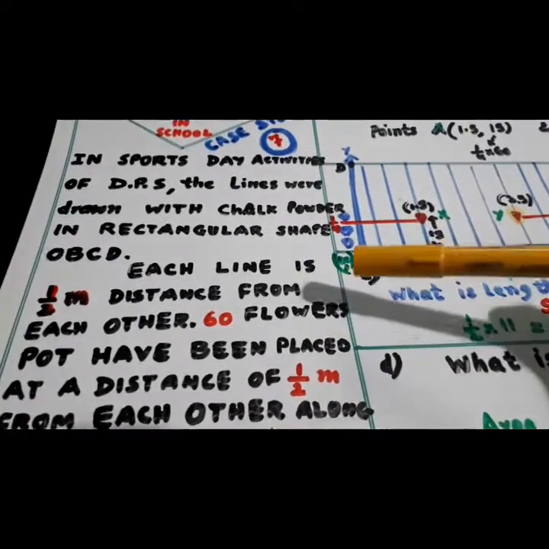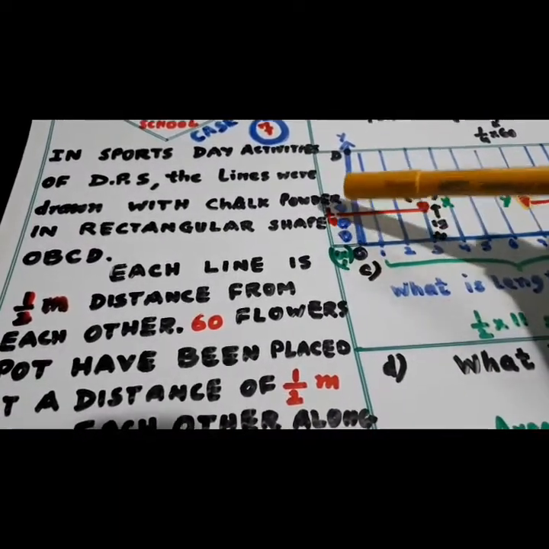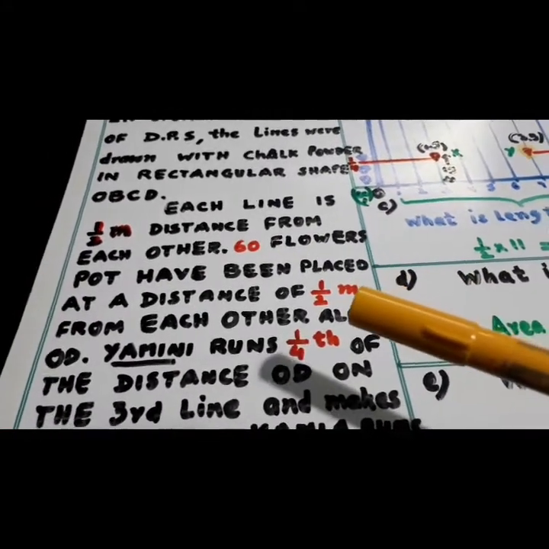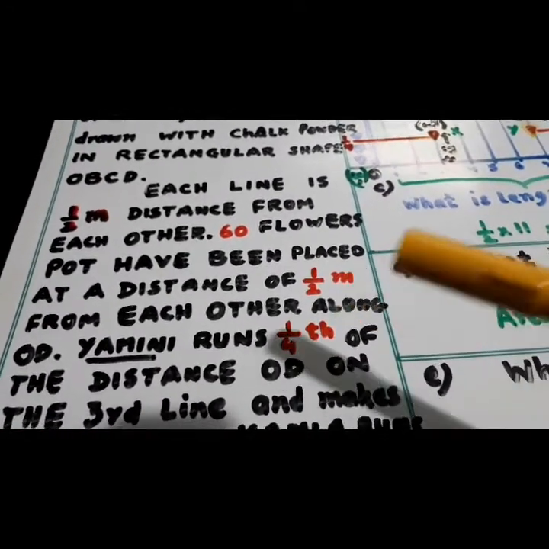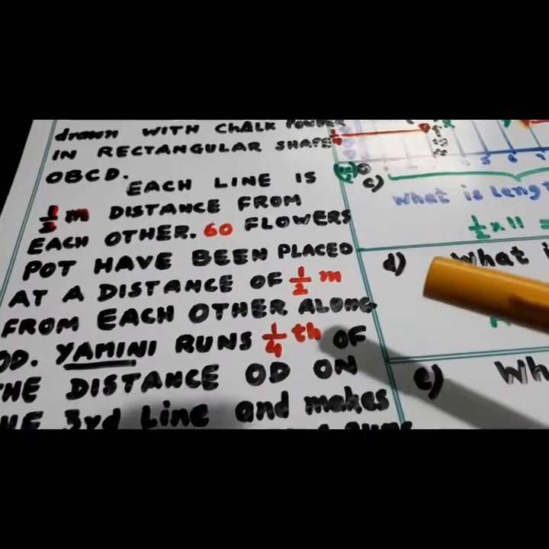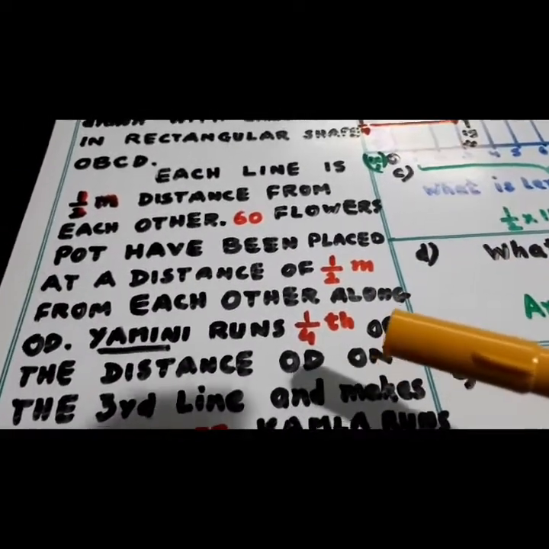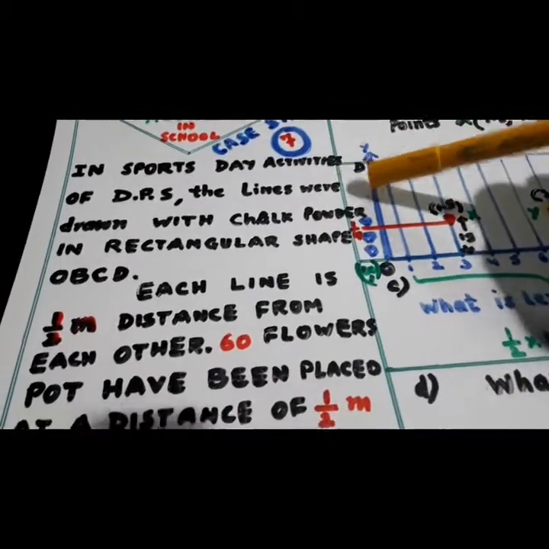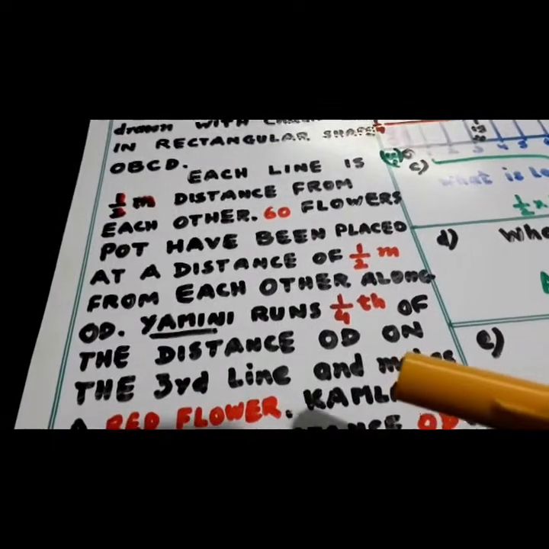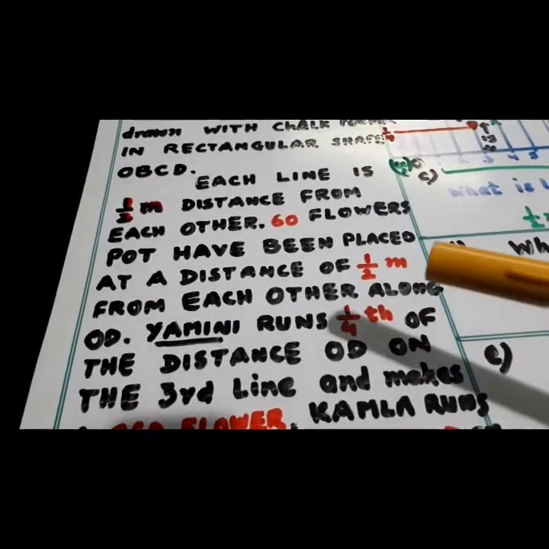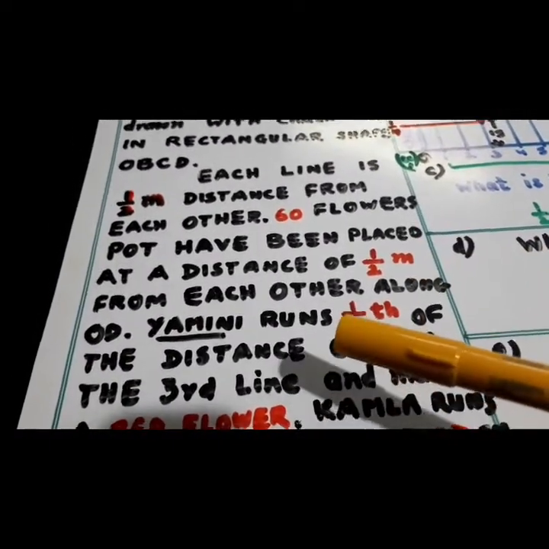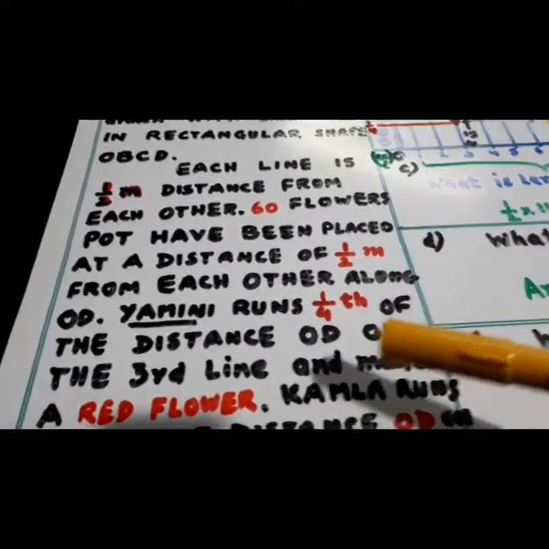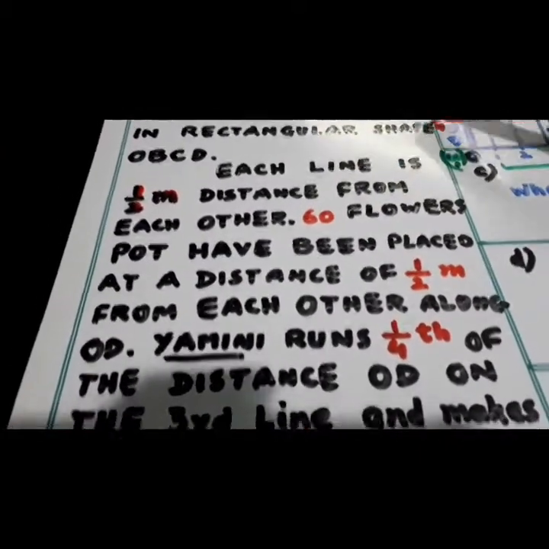60 flower pots. Flower pot number 1, 2, 3, and so on. 60 flower pots have been placed at a distance of half meter each along OD. This is OD. Now, Yamini runs 1/4 of the distance OD, 1/4 of 60.